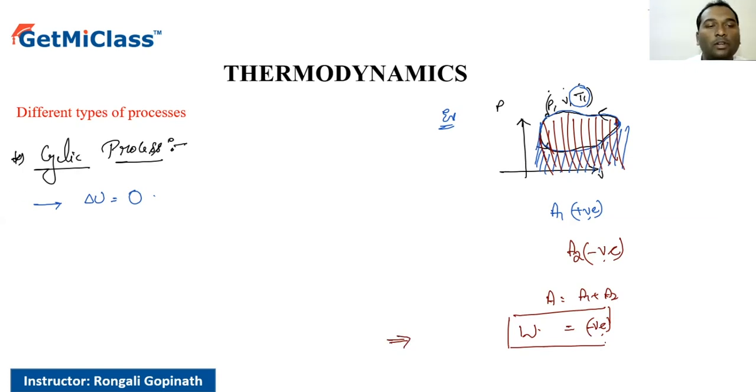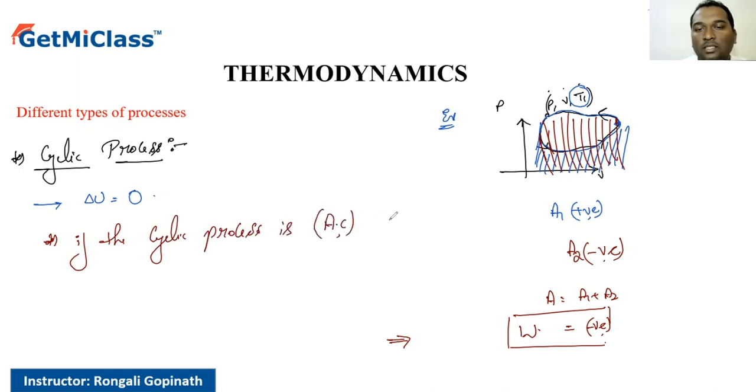Or there is a simple methodology to remember this. If the cyclic process is anti-clockwise, then the work done by the gas is negative, or heat is released by the gas.